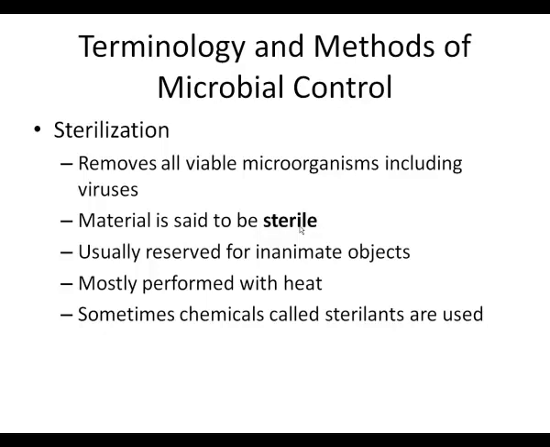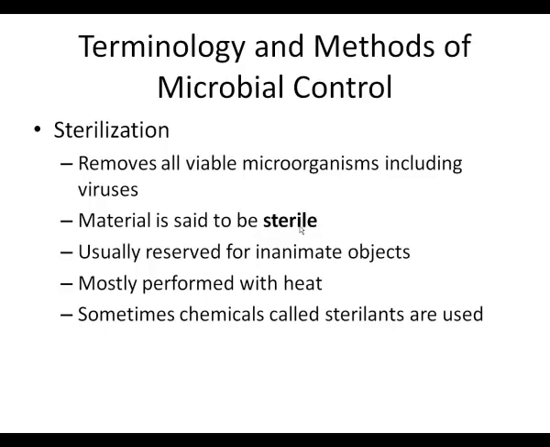Some of the processes of sterilization can be pretty significant and could be deadly to living tissues. Probably the most common means of sterilization is using heat of some sort. There are also chemicals called sterilants that can be used.